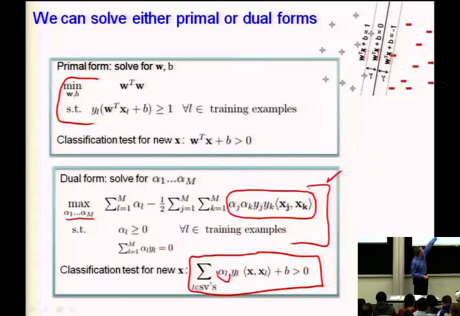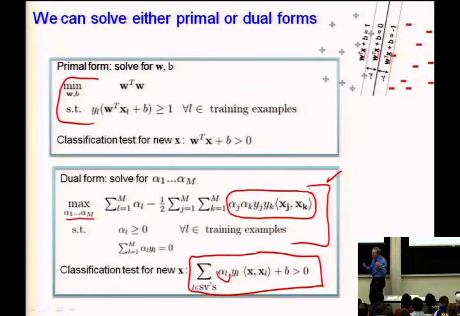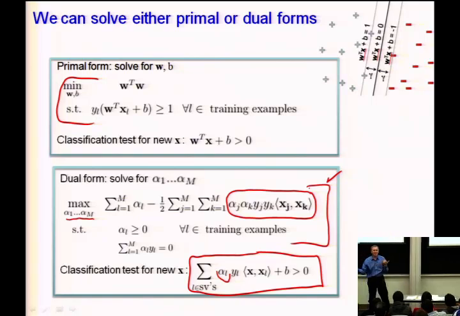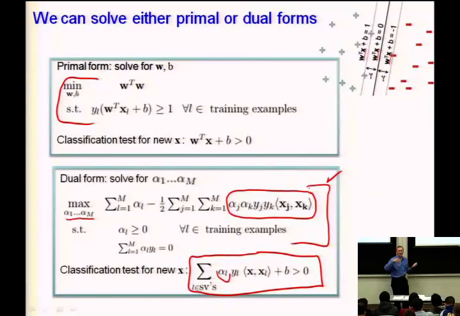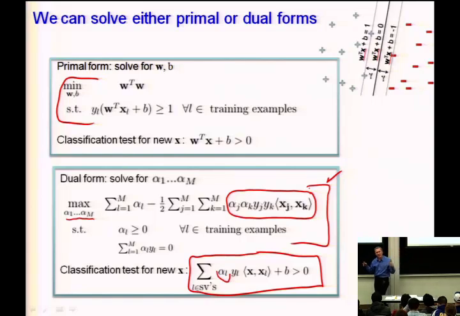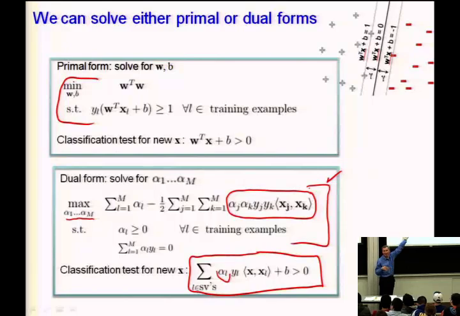If that happens, then this sum is going to be 0. So it's sort of like we want equal mass put on the positive side and the negative side of that decision boundary. And that's it. That's the dual form.